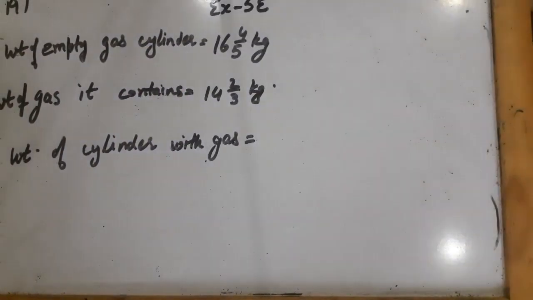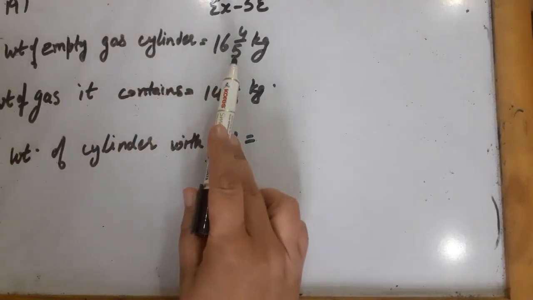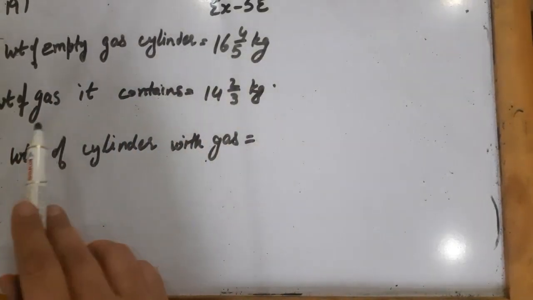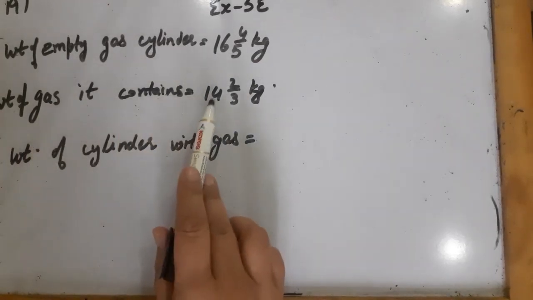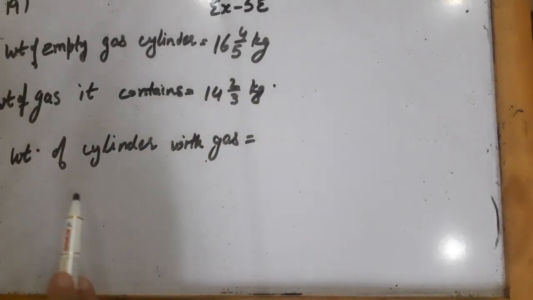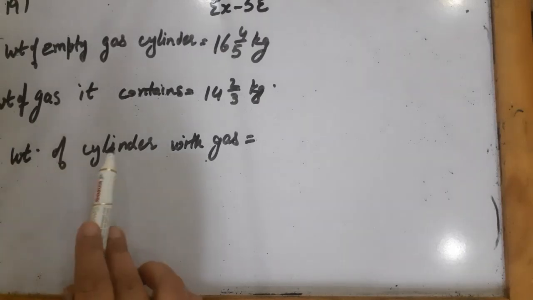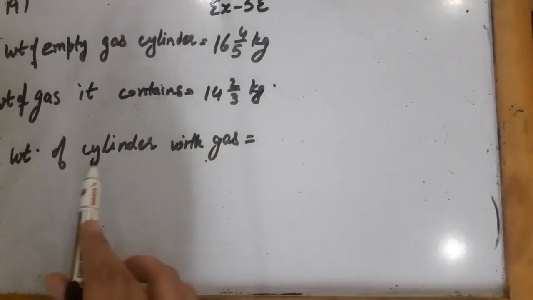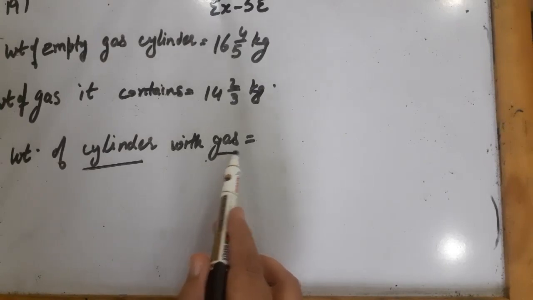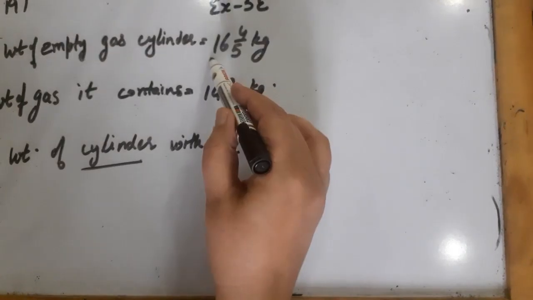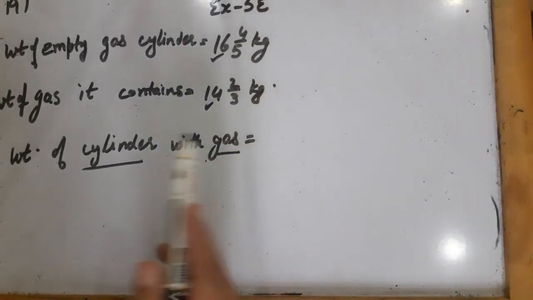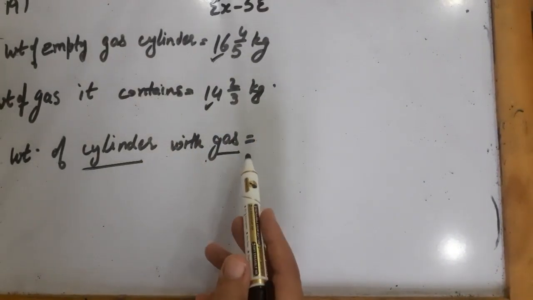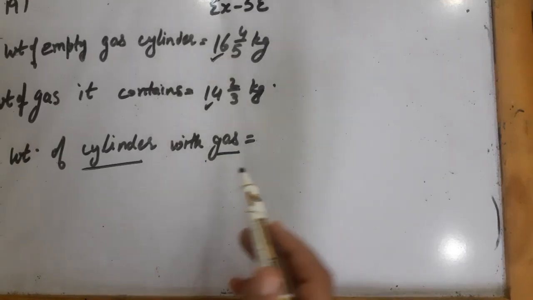So in this question they have given you the weight of the empty cylinder. खाली cylinder का weight है 16 4/5 kg और जो उसमें गैस होती है उसका weight है 14 2/3 kg. Now they are asking you what is the weight of the cylinder with gas. अगर सिलेंडर में गैस भरी हुई है, 16 kg का सिलेंडर है और उसमें 14 kg गैस है. सो व्हाट विल बी द वेट ऑफ द सिलेंडर एंड द फिल्ड विथ गैस.